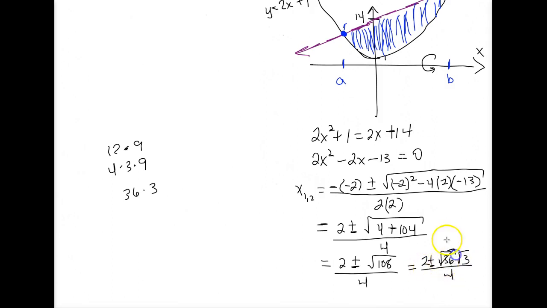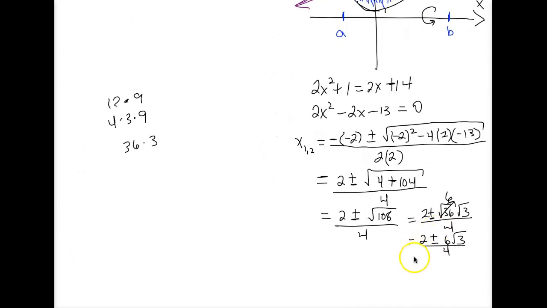We know that the square root of 36 is 6, so what we end up having here is 2 plus or minus 6 root 3 all over 4. Finally, if we break this up into two fractions, we'll have 2 over 4 plus or minus 6 root 3 over 4, which simplifies to 1/2 plus or minus 3 root 3 all over 2.